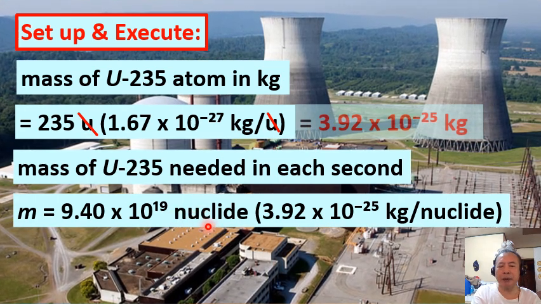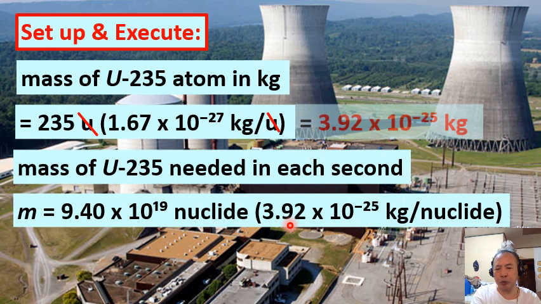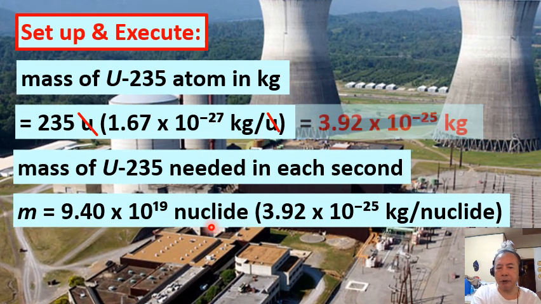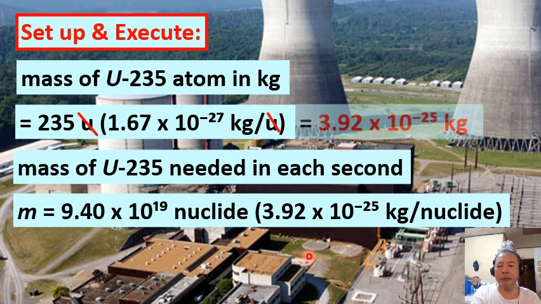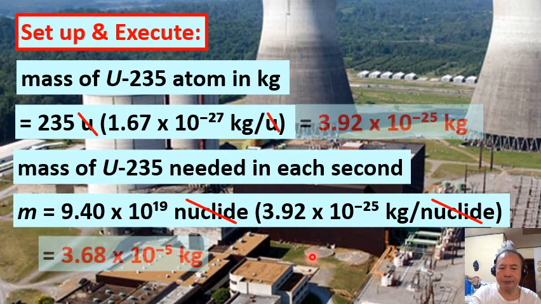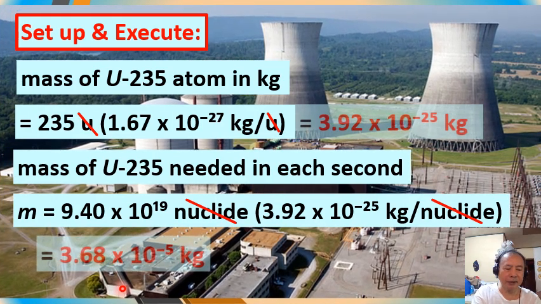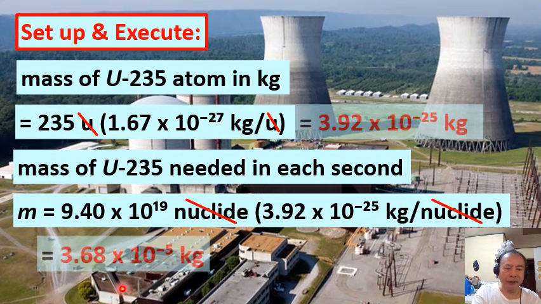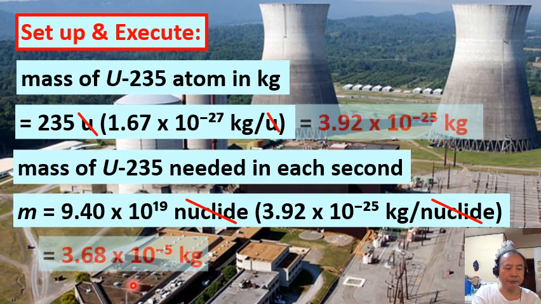So multiplying that by the mass of the uranium-235 isotope in kilogram, or 3.92 times 10 to the negative 25 kilogram, we get the value of the mass M equal to 3.68 times 10 to the negative 5 kilogram.